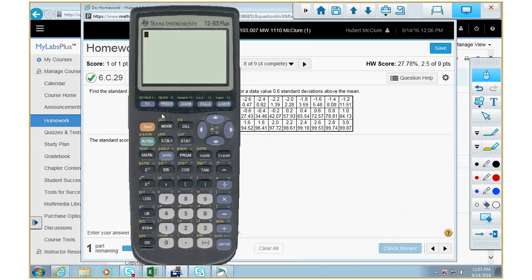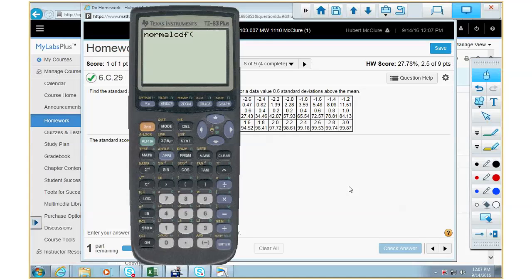Now, if you're given the z-score and you need to find the area, then you type second bars and normal CDF. Now remember, on the left-hand side, it's negative infinity. On the right-hand side, it's positive infinity. They don't have infinity on here, so you put 99999. Put 4 or 5 nines, it doesn't matter.